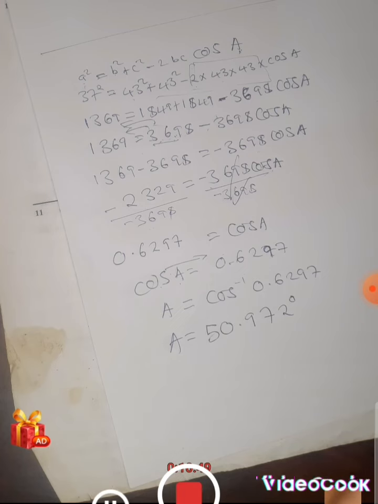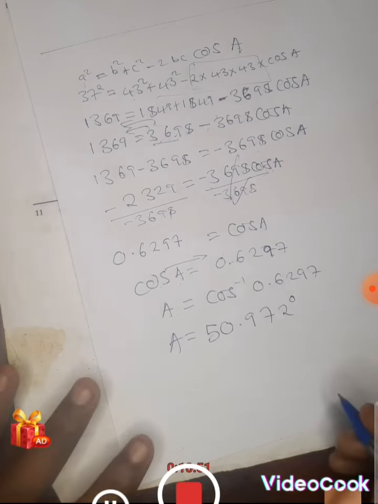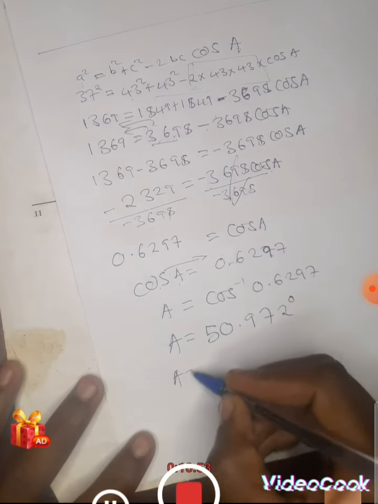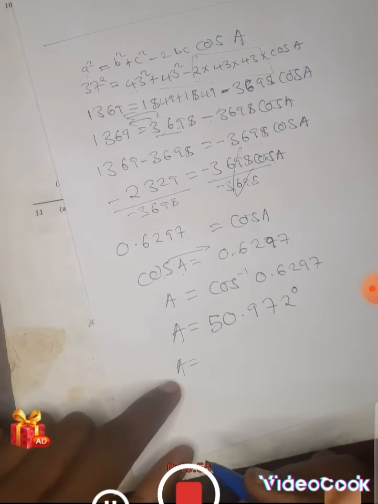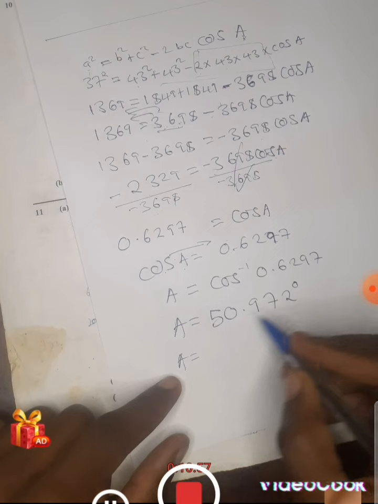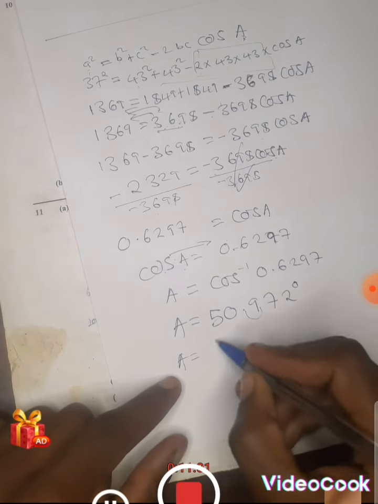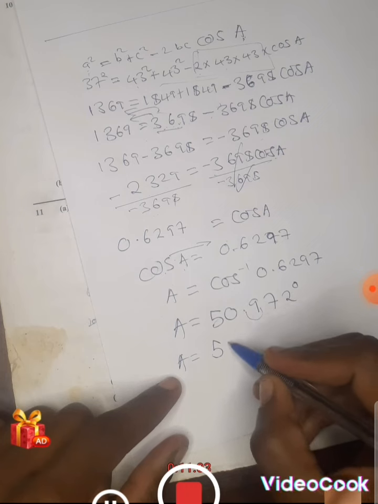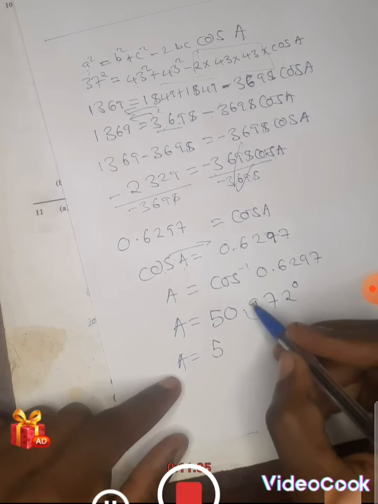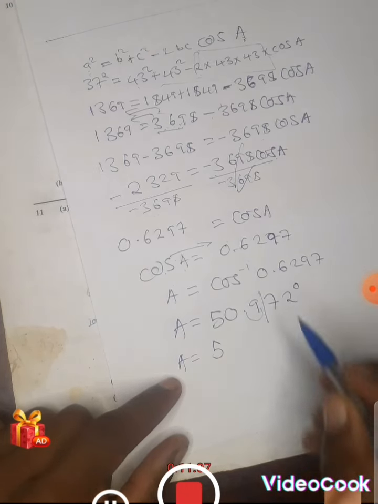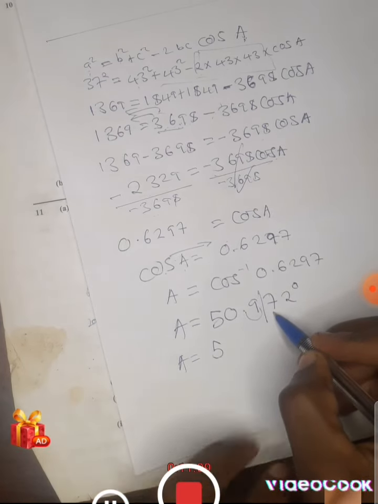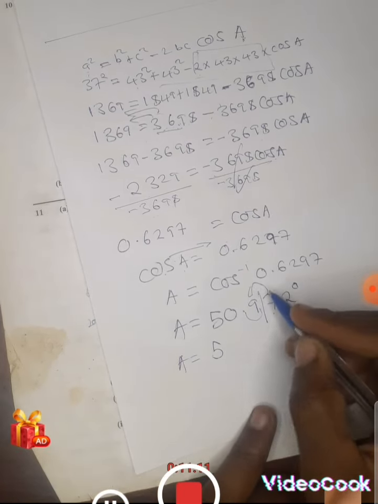Now, answers in degrees, according to the Zambian syllabus, they always demand you to write the answer correct to 1 decimal place. Meaning one number after the decimal point. So we have 50.9, and since the next number is more than 4, 9 becomes 10.